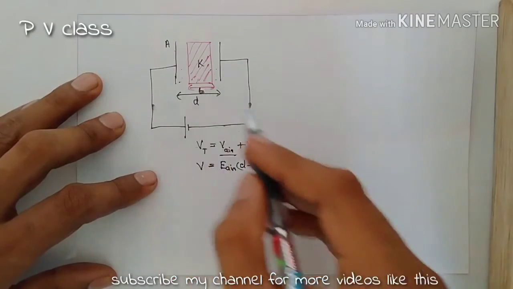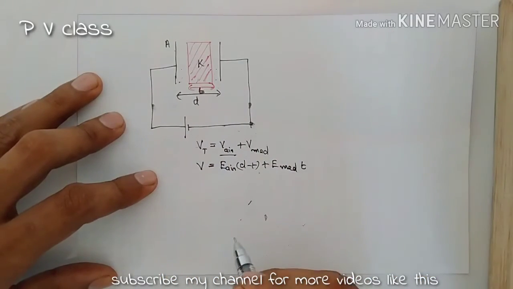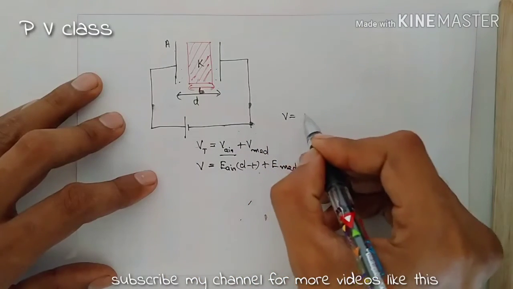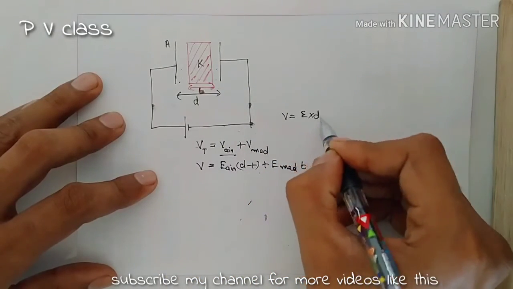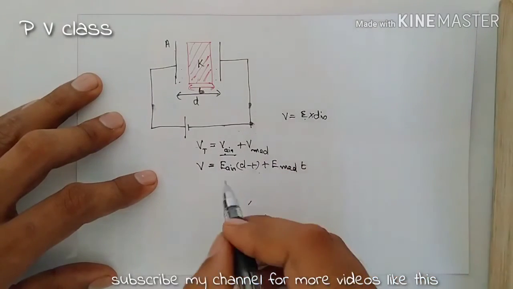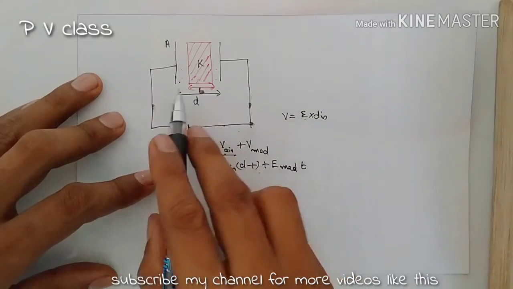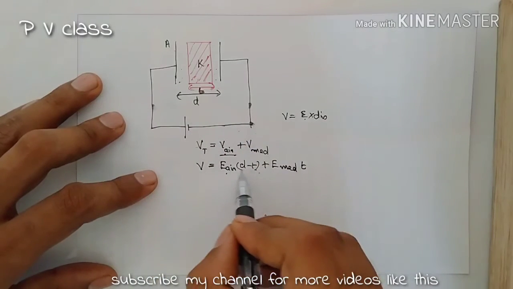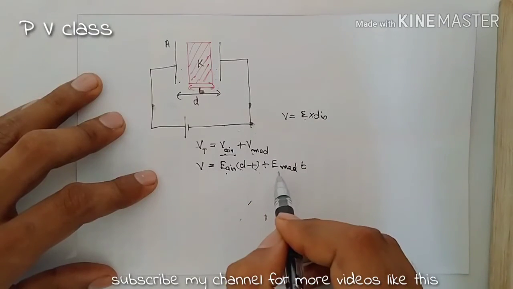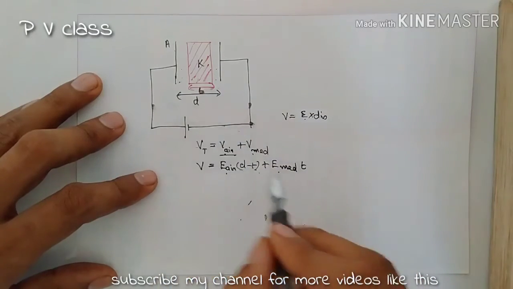The medium is present over a distance of T. We have studied that potential is equal to electric field intensity into distance of separation. Therefore, potential in air will be electric field intensity in air into the distance where air is present, that is D minus T. Potential in medium will be electric field intensity in medium into the distance where the medium is present, that is T.